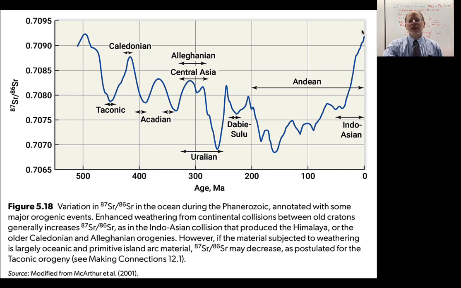The Indo-Asian collision over here involves ancient crust from India. So these have very high 87-86 ratios, and as they get weathered, they increase the 87-86 ratio of the oceans. And so the up and down variation is telling you something about contributions of old continental crust at the high end versus primitive MORB-like compositions at the low end.